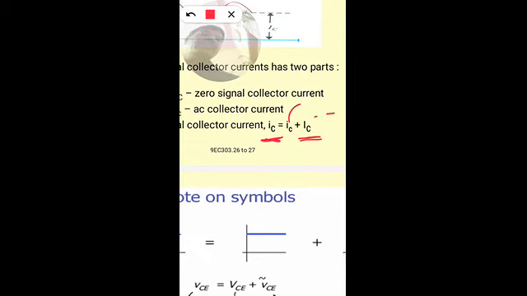The DC current, capital IC, is shown in the dotted line, and this small waveform is varying above and below this value. So this is the total current IC, which is the sum of the AC collector current and the zero signal collector DC current.